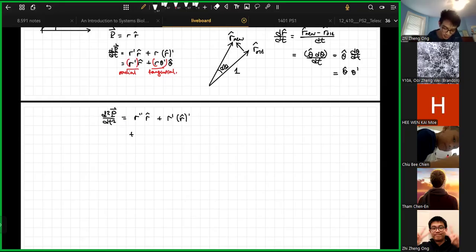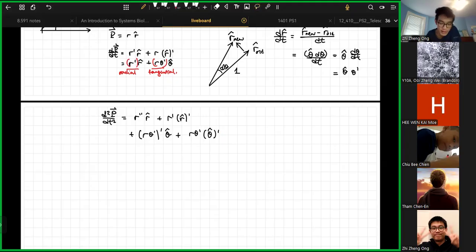The second term is going to be r theta prime prime theta hat plus. Yes, it's a little bit of algebra, but you can see it.